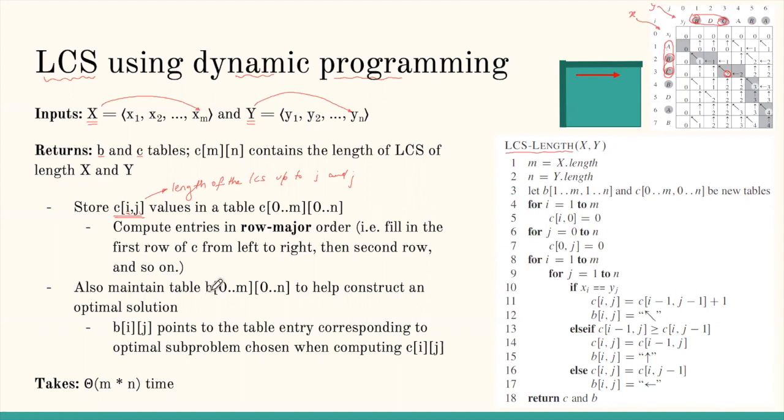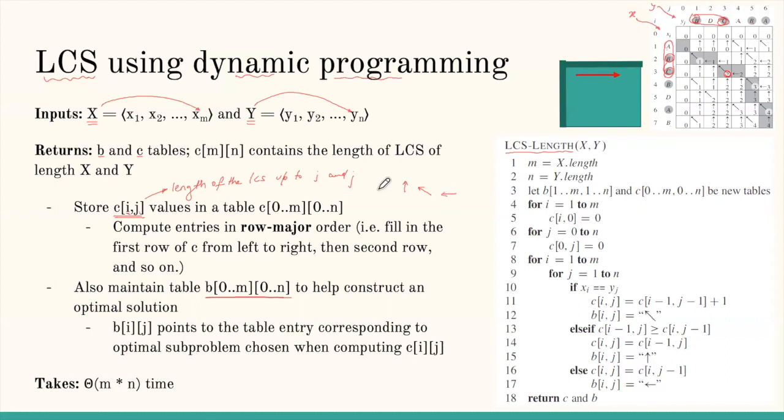Now, what the matrix Bij represents is whether or not a given pair is a part of the longest common subsequence. This matrix Bij can contain one of three possible values: either the up arrow, or this kind of tilted arrow, or the left facing arrow.